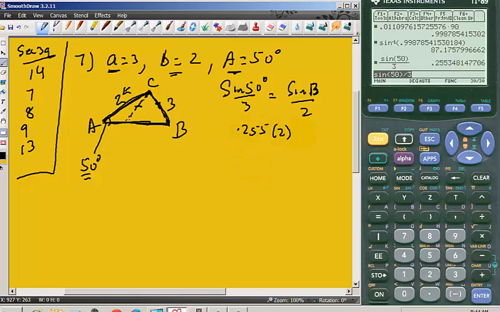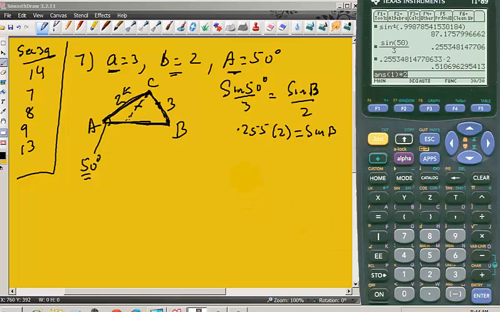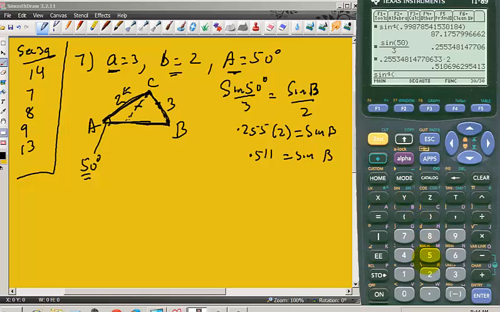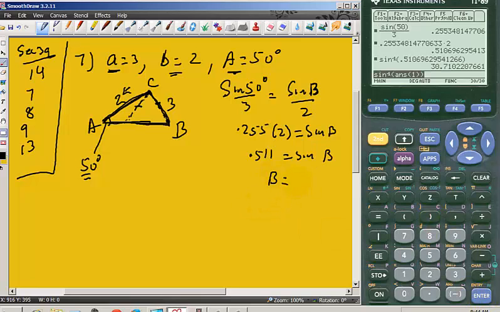We'll multiply that by 2, and that gives me sine of B. So 0.511 is equal to sine of B, and I'm going to take sine inverse of my answer, and my B turns into 31 degrees.